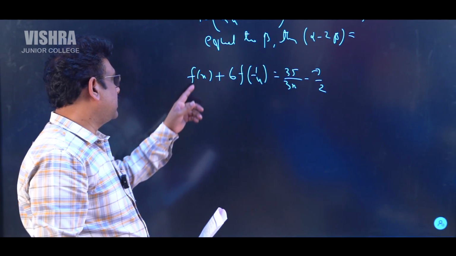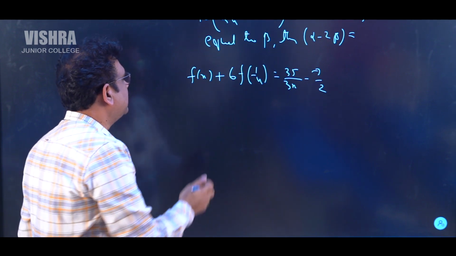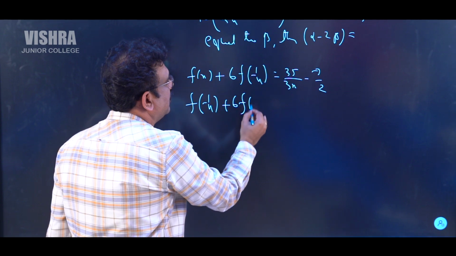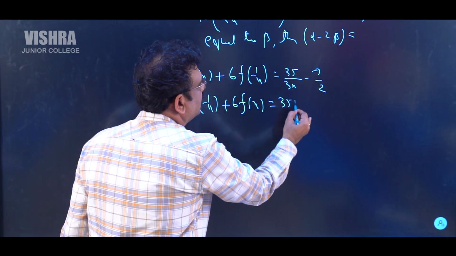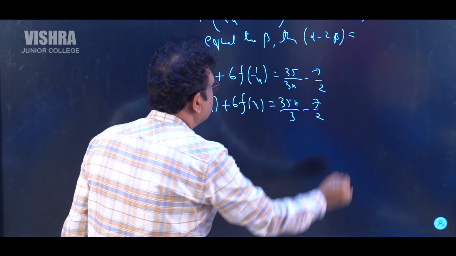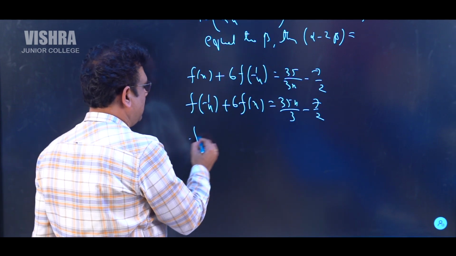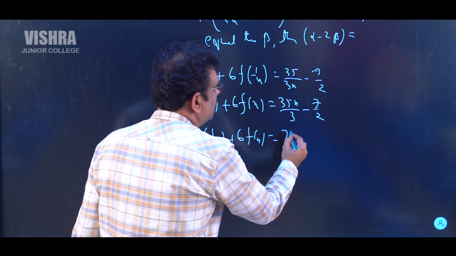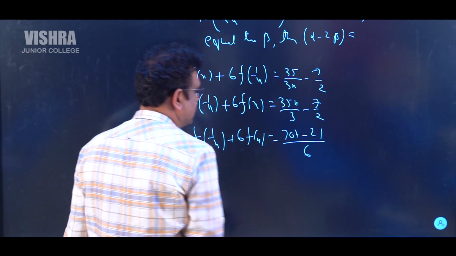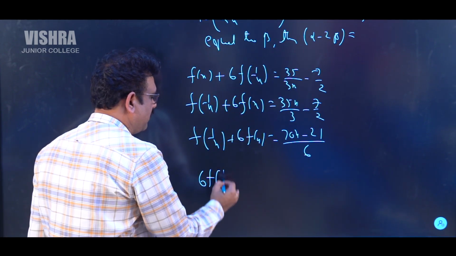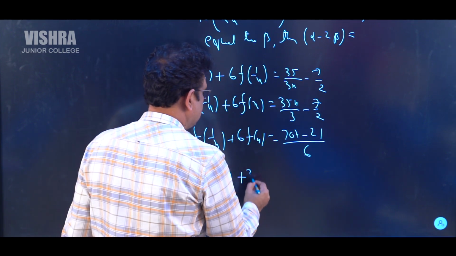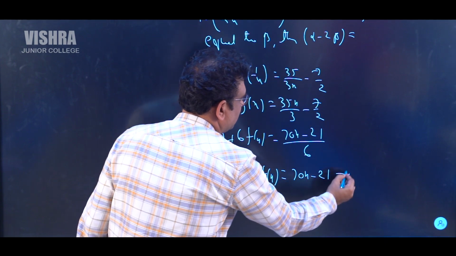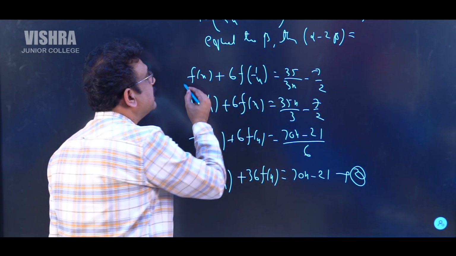Now substitute 1 by x in the place of x, we get f of 1 by x plus 6 into f of x is equal to 35x by 3 minus 7 by 2. That implies f of 1 by x plus 6 into f of x equal to 70x minus 21 by 6. Now 6 into f of 1 by x plus 36 into f of x is equal to 70x minus 21. This is equation 2. Now the first one is equation 1.